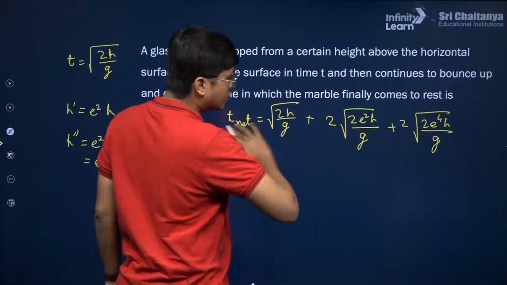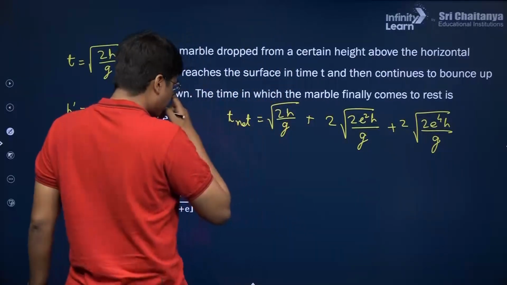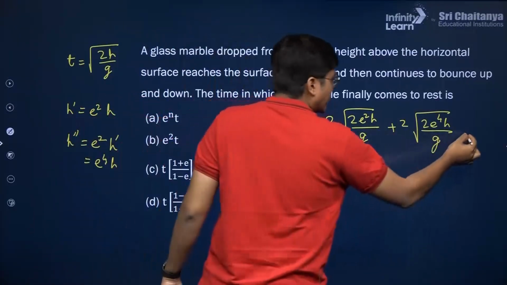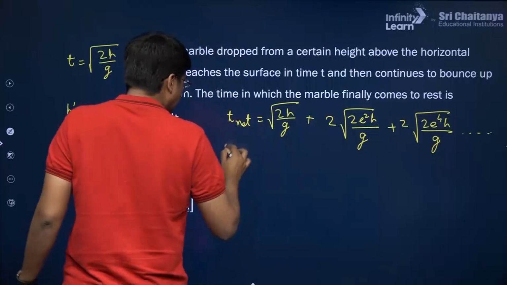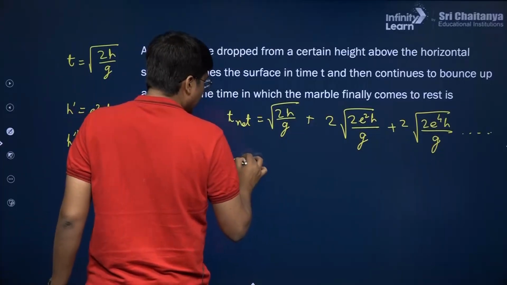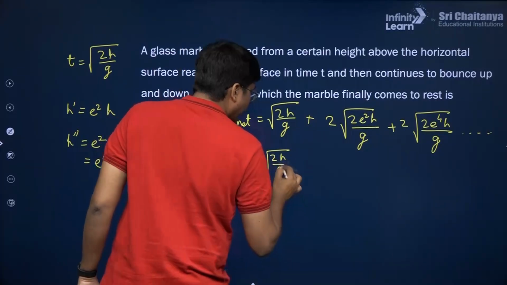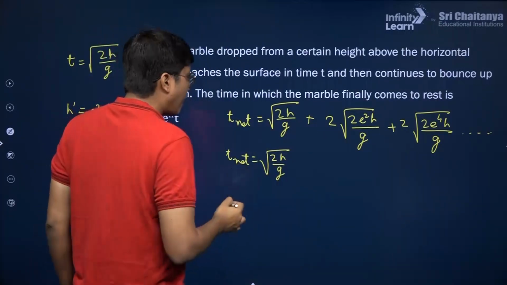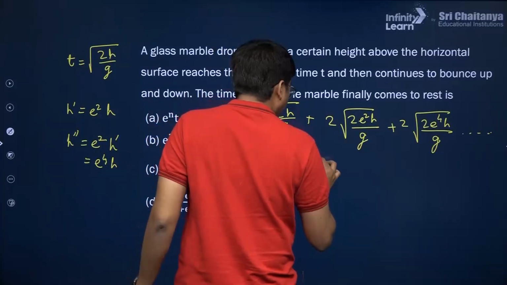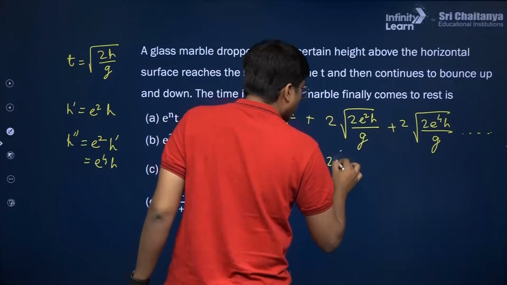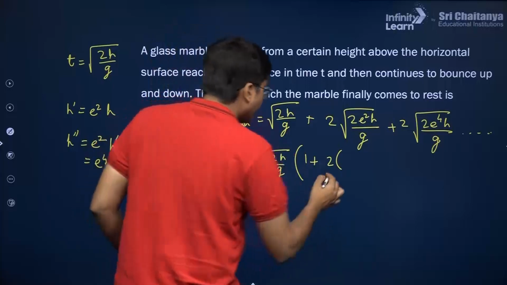So if I just simplify this a little bit, then you have this continuing on. If I just simplify this, I get t net is equal to root over of 2h by g. I can take that common out. I have 1 plus 2 into 1 plus 2e.